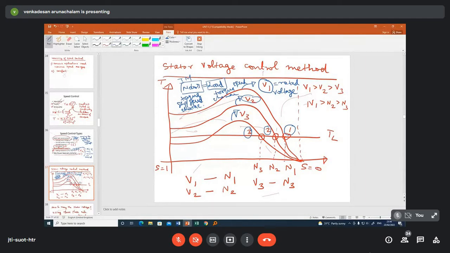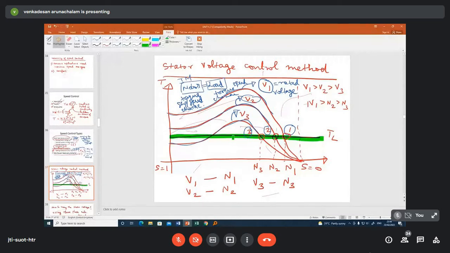In this example, I have taken the load characteristic as constant, independent of the speed. This is the torque speed characteristic of the induction motor, and this is the torque speed characteristic of the load coupled to the motor.